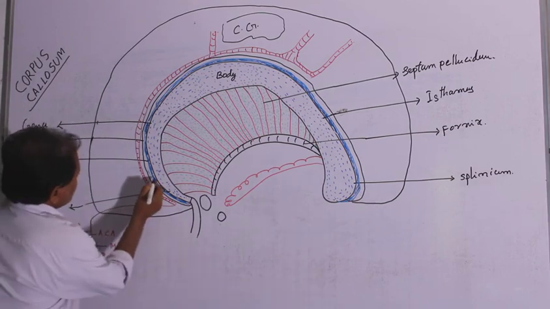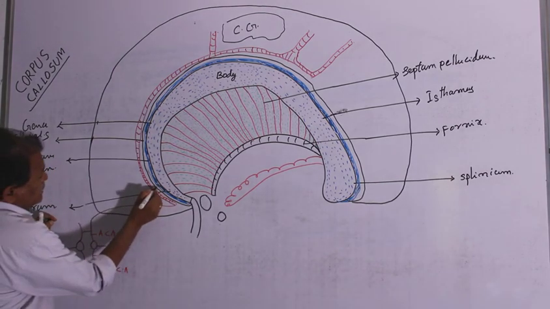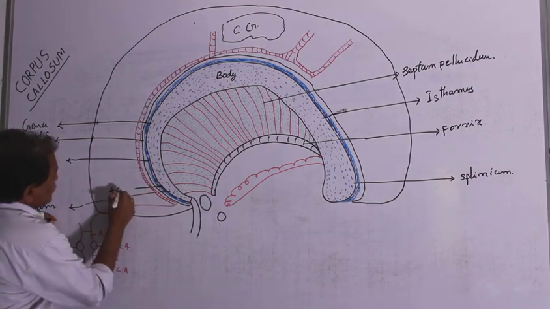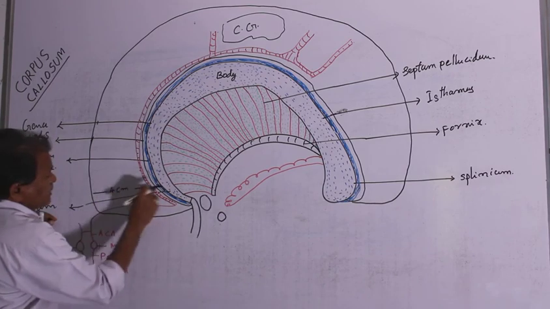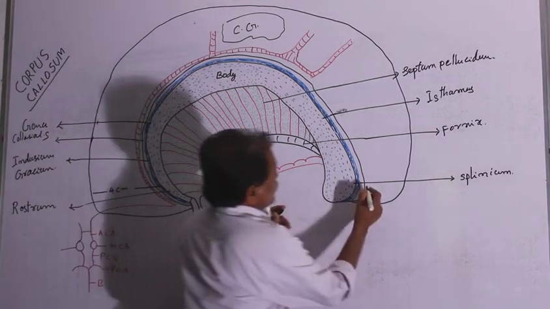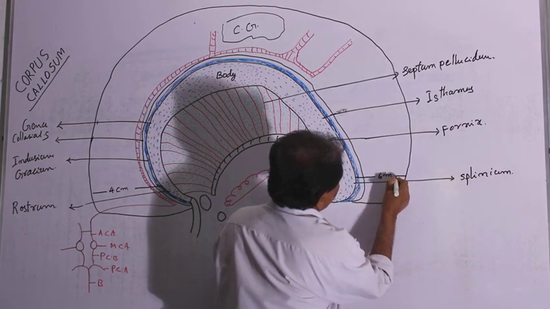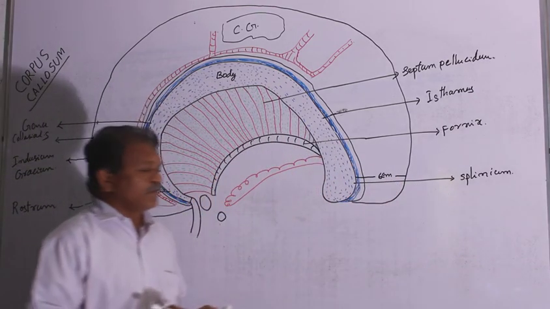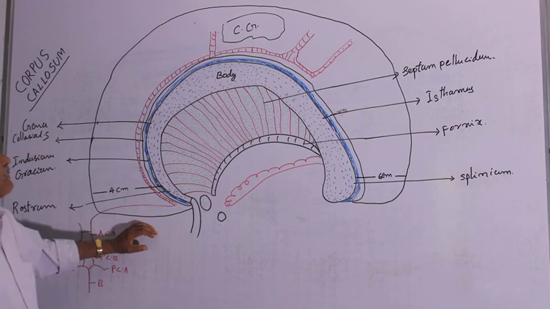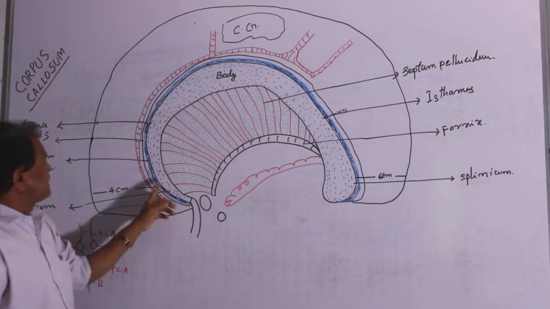The anterior fold means the corpus callosum is situated 4 centimeters from the anterior fold, and the posterior fold is 6 centimeters from the posterior fold of the cerebral hemisphere.